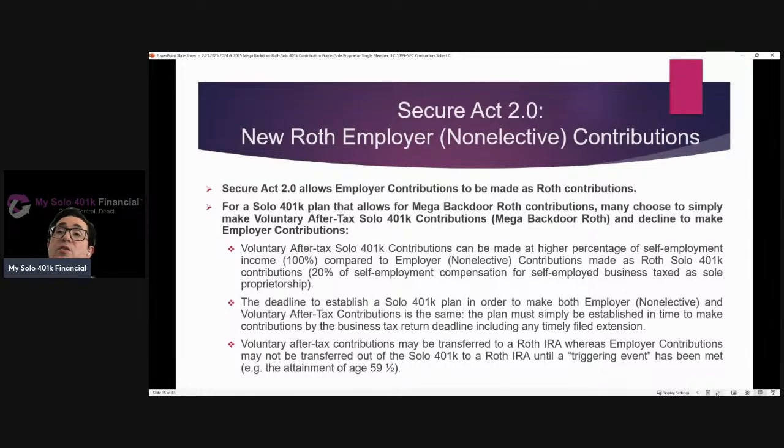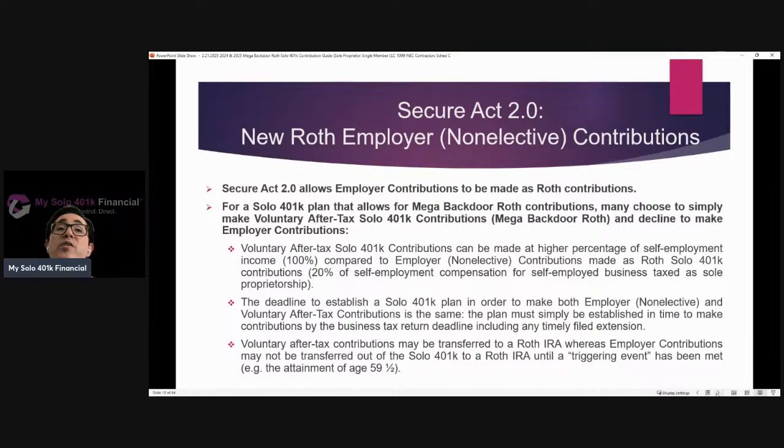Lastly, in terms of why someone would prefer to make voluntary after-tax contributions as opposed to making employer contributions as Roth contributions, there's more flexibility with respect to voluntary after-tax funds. Specifically, one can transfer voluntary after-tax funds out of the solo 401k to a Roth IRA without having to meet a triggering event.